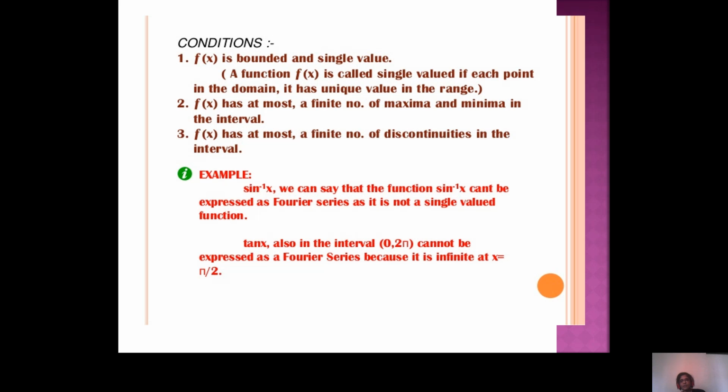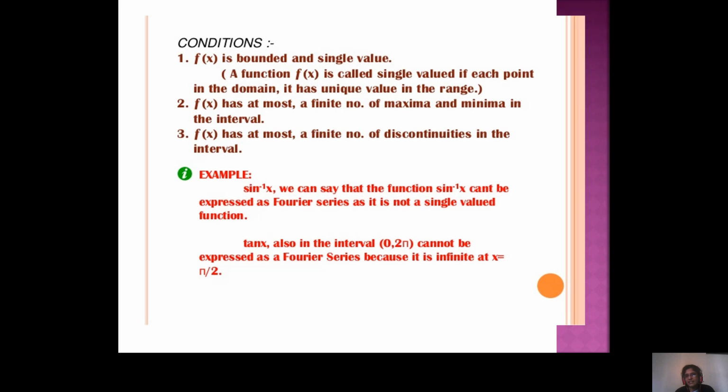So for example, sine inverse of x: we can say that the function sine inverse x cannot be expressed as a Fourier series as it is not a single valued function, because we already said that the condition is f of x must be single valued.